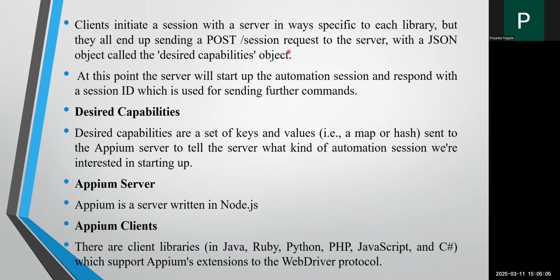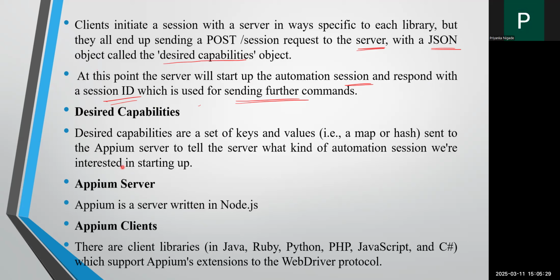To start a session, the request we are passing to the server is with the help of a JSON object, which is called desired capabilities. So at this point, the server will start the automation session, right? And respond with the session ID to that particular client to continue further testing or further commands.